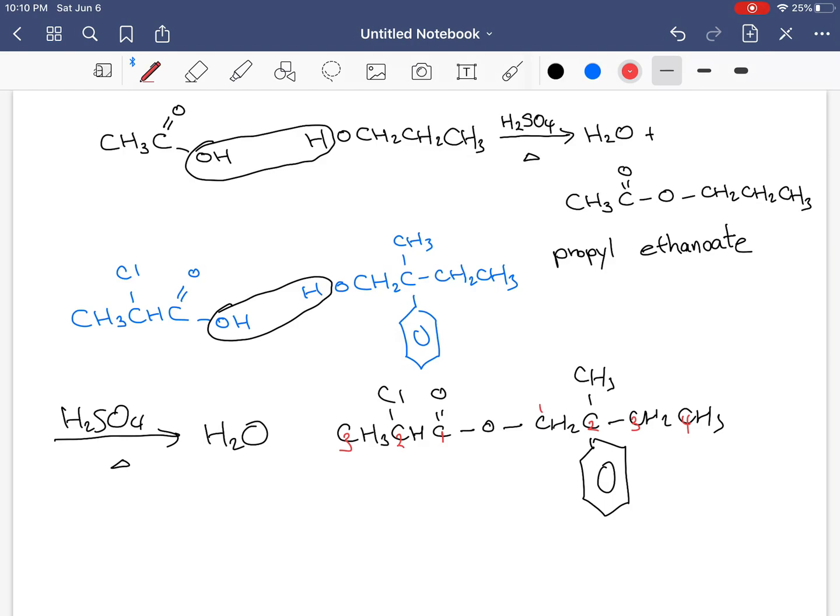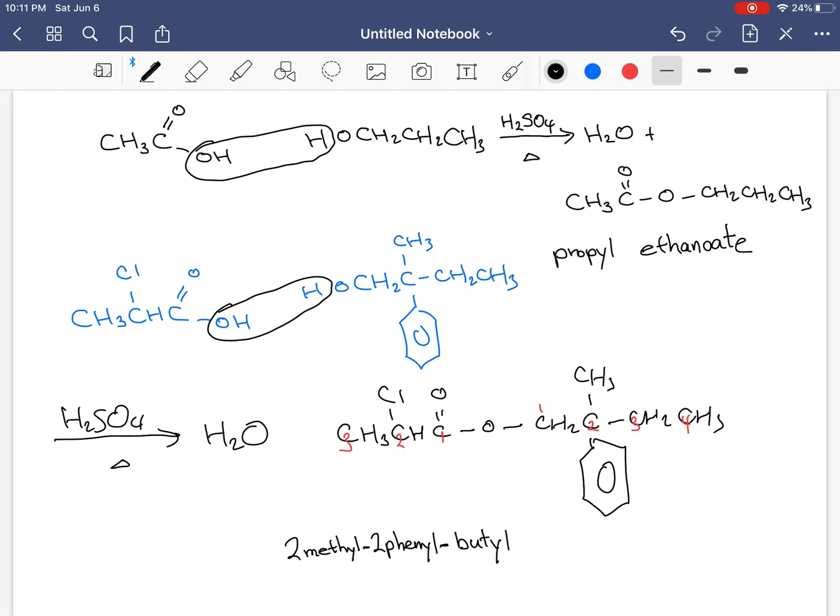Alright, so let's name this. So you have 2-phenyl, 2-methyl, dash, 2-phenyl, dash, butyl. Now, I hope you know why those dashes are important, because if you were to put a space, you would confuse the reader right off the bat.